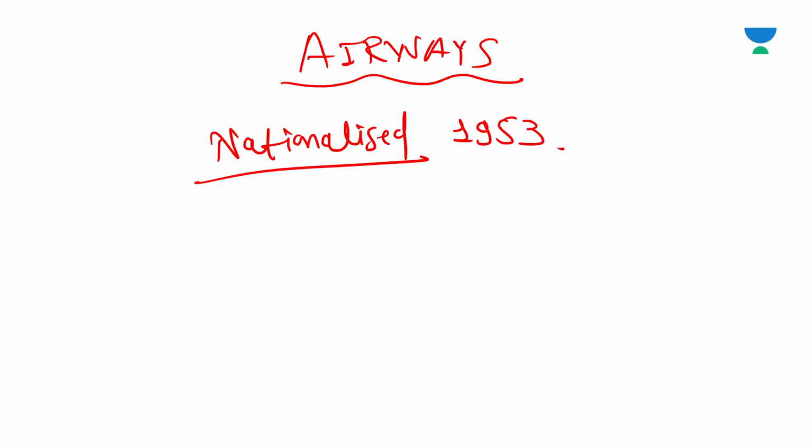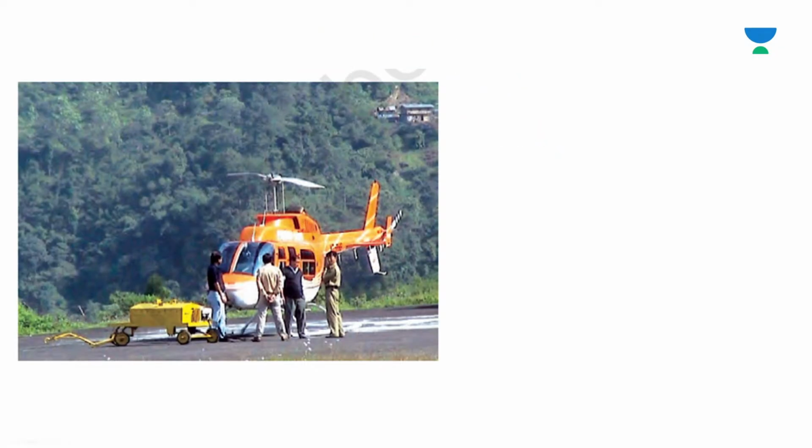Now, air travel is not within the reach of the common people. It is only in the northeastern states that special provisions are made to extend these services to the common people. So, airways.